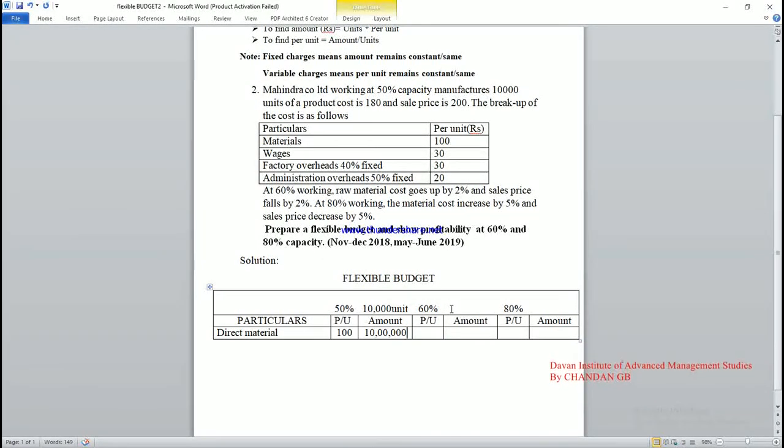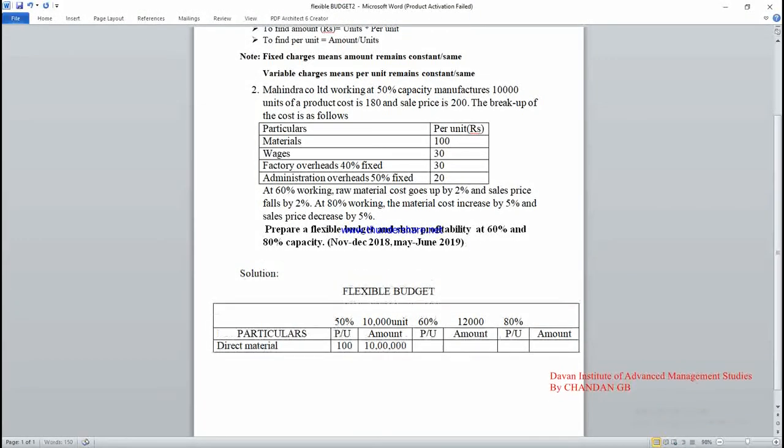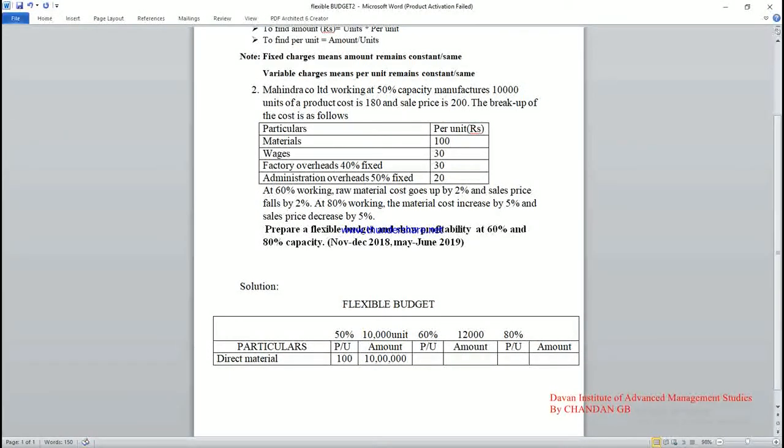The formula is 10,000 divided by 50 percentage into 60 percentage, we will get 12,000 units. Clear? I'll show once again here. 10,000 units they produced for 50 percentage capacity.